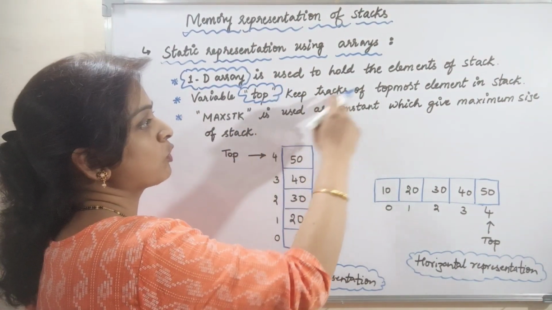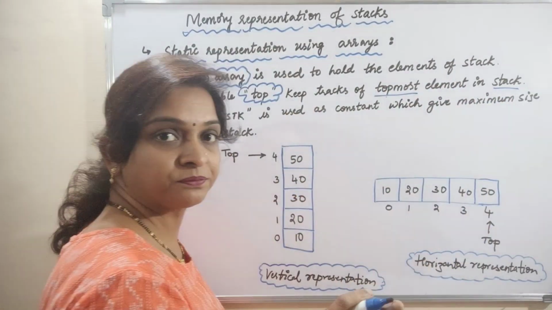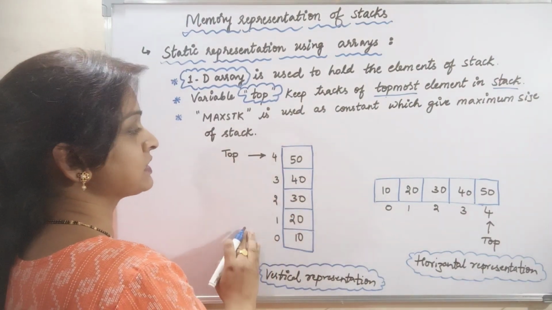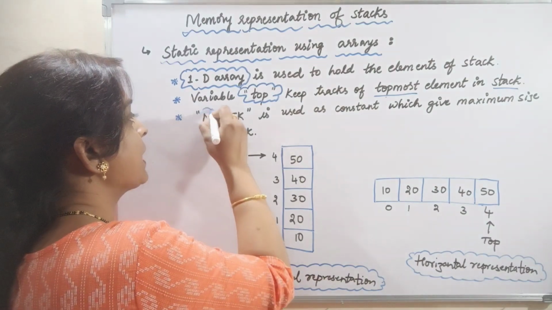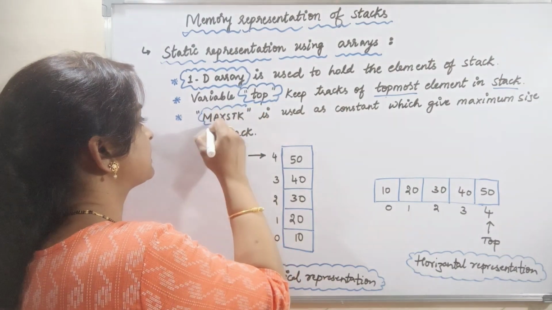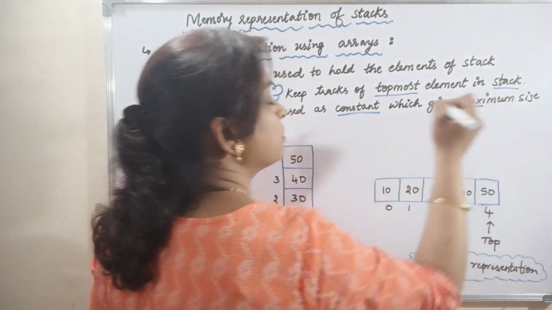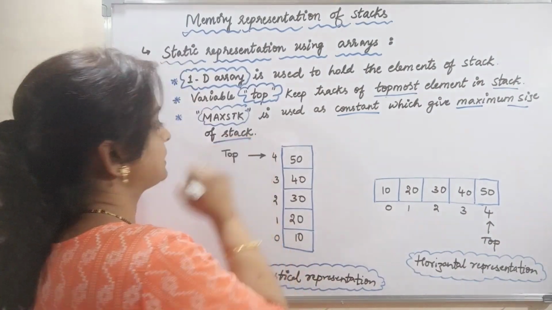So top keeps track of the topmost element in the stack. Maximum stack size is a constant value which provides the maximum size of the stack.